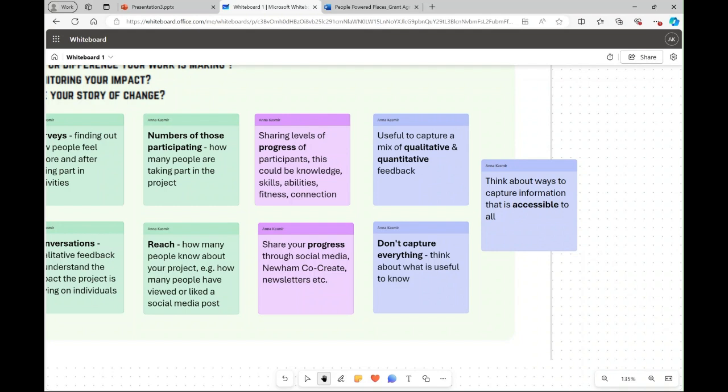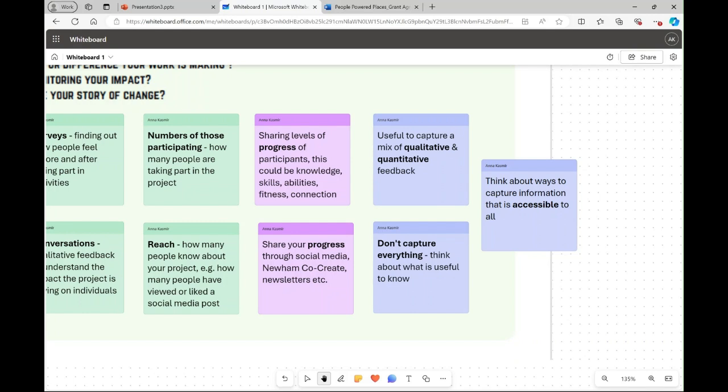You don't need to know about the contents of their cupboards, for example, but you will want to know how connected they feel to their community after taking part, or, I'm making this up on the spot, how they're feeling in their health if they're participating in exercise classes.